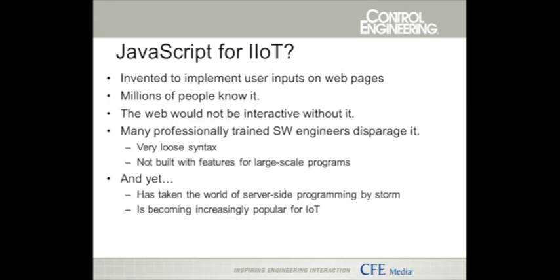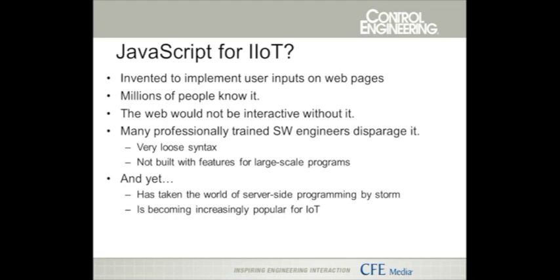So you fill in a form, you put in an address, you put in your credit card, all that's JavaScript. Millions of people know it. The web would not be interactive without it, but most professional software engineers think it's a toy language. That's because it has very loose syntax. It's not strongly typed, doesn't have a lot of error checking, and as a result, it's not really suited for large-scale programming.